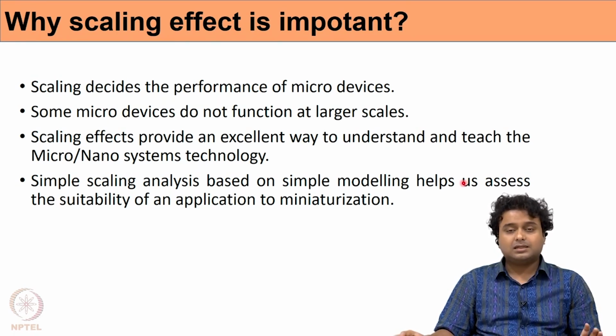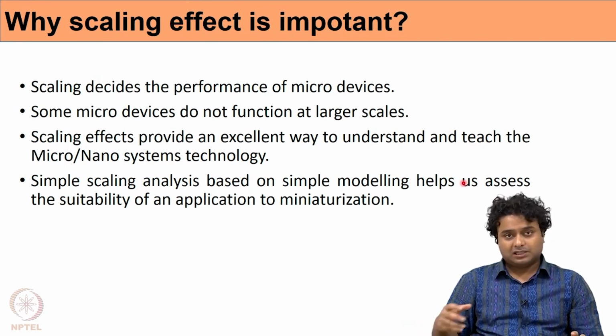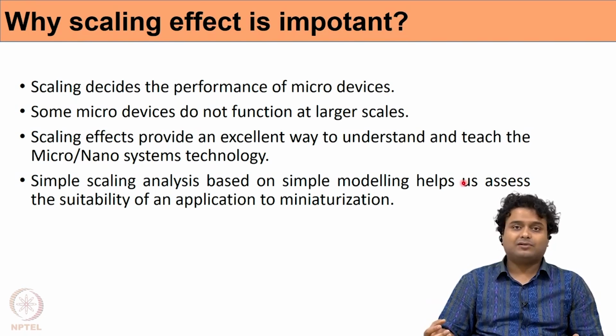The first thing is that scaling actually decides the performance of the device. It means that whatever phenomena or physics it relies on, how that physics changes while we are going to a lower dimension or a higher dimension.